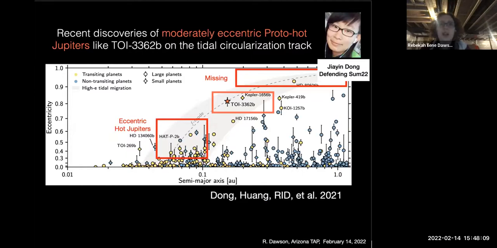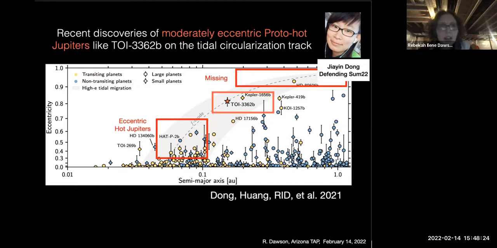Okay, so I mentioned how we were missing the expected number of these Jupiters on very elliptical orbits out in the warm Jupiter region. The box I labeled missing.